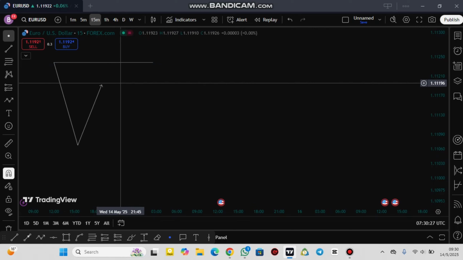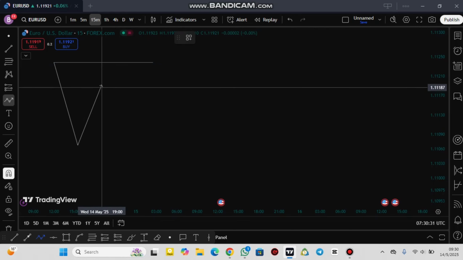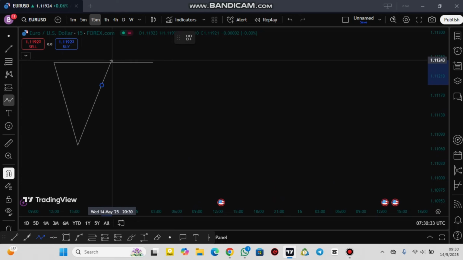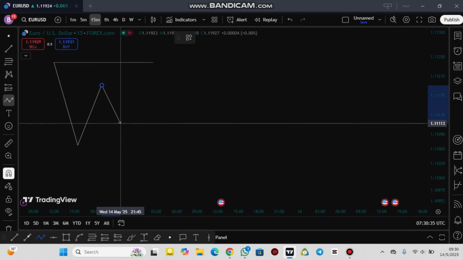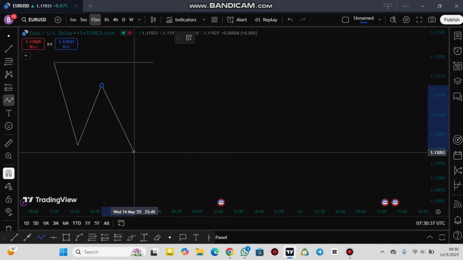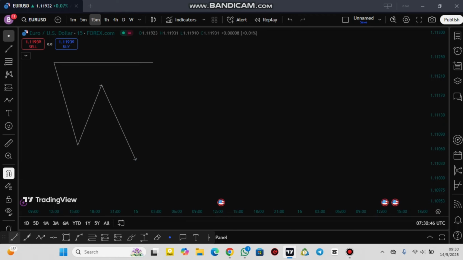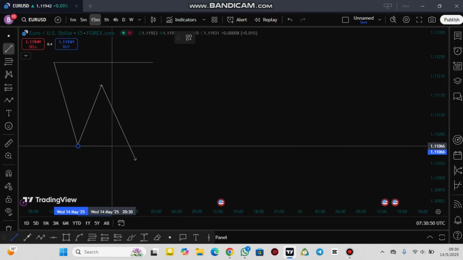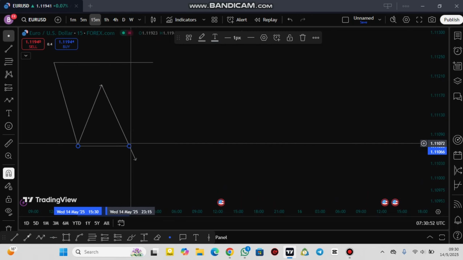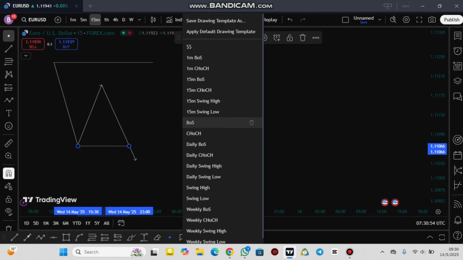And how does price respect the previous high? It respects the previous high by not violating it, but by rather going down and violating the previous low, right? And what happens when price violates the previous low? Price creates a break of structure.